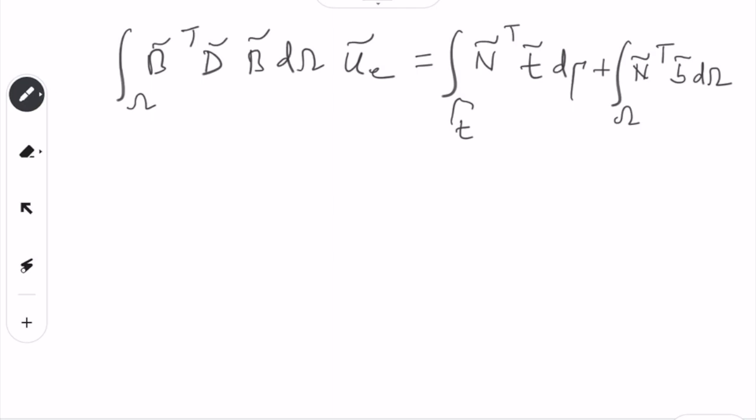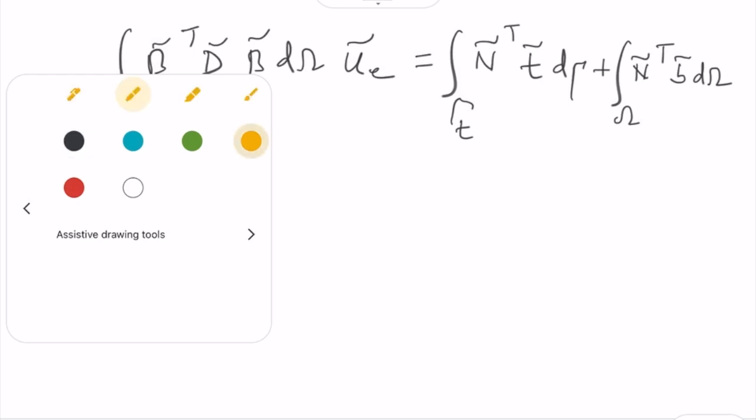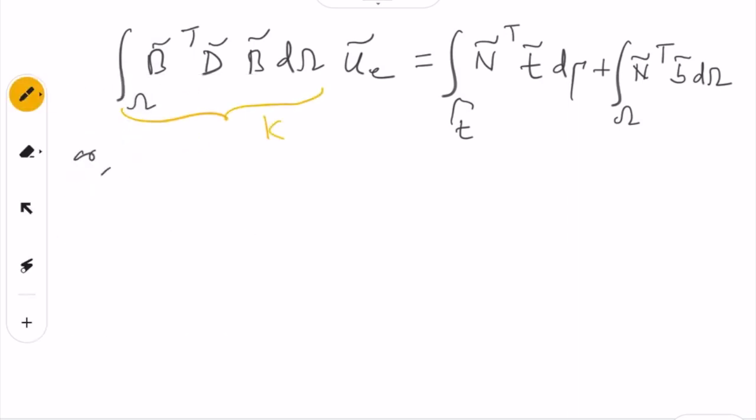So, this we know is k. Let us call it k e tilde, the element stiffness matrix. So, we have k e tilde u e tilde equal to f e tilde, which is a force vector.